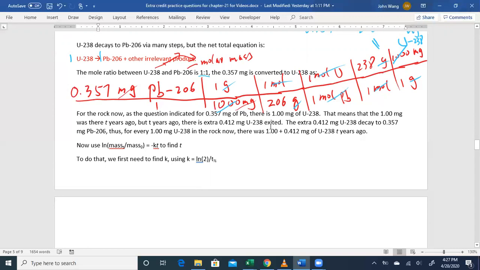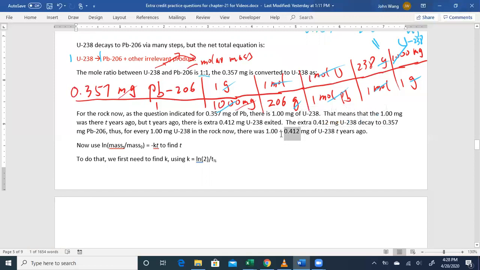For every 1 milligram of uranium in the rock now, t years ago the rock had 1 milligram plus 0.412 milligram of uranium, because this 1 milligram is still here, but besides it there is this much that reacted and was converted into lead.